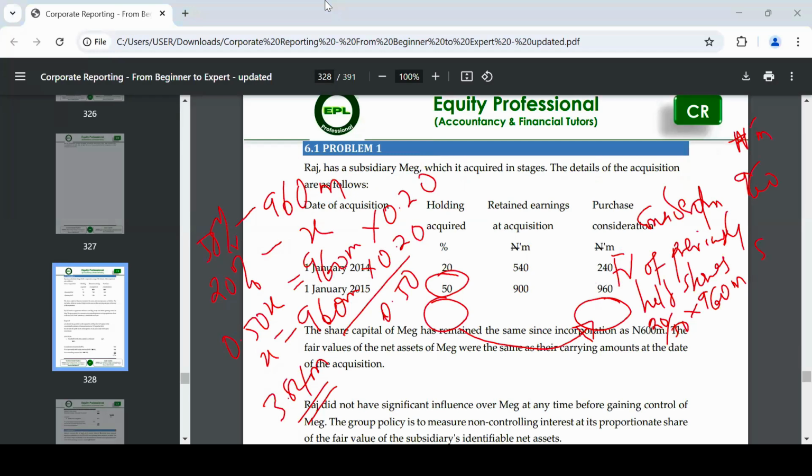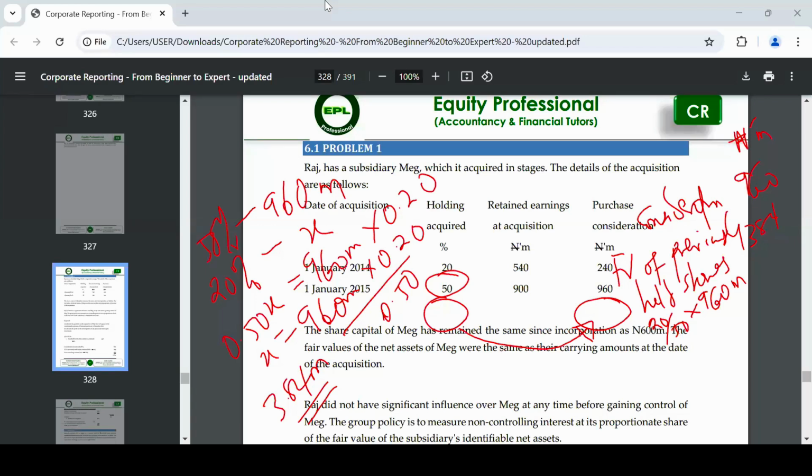What you can establish from here is that if they did not tell me the market value of the shares of the subsidiary, this is how I am going to work out my fair value of previously held shares.